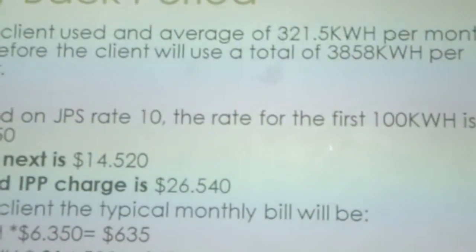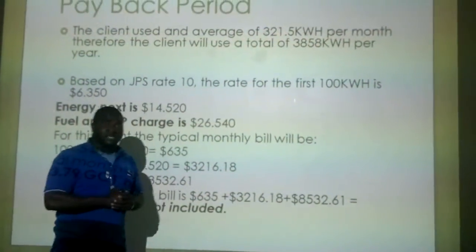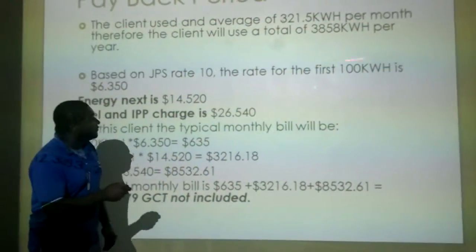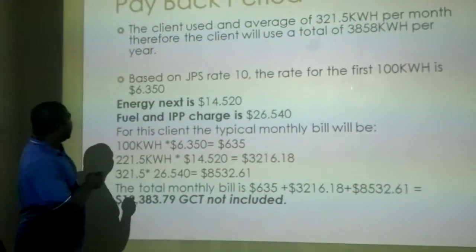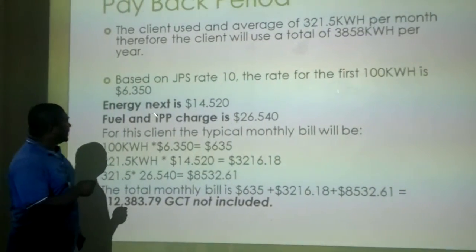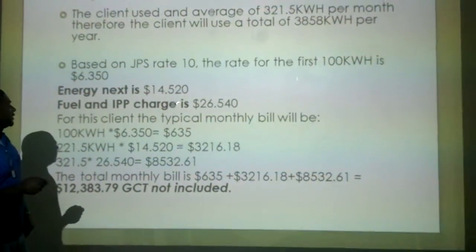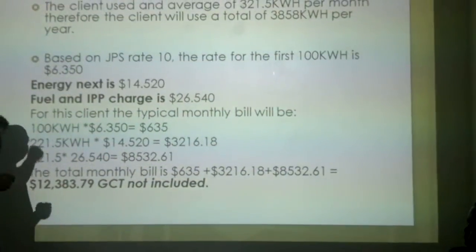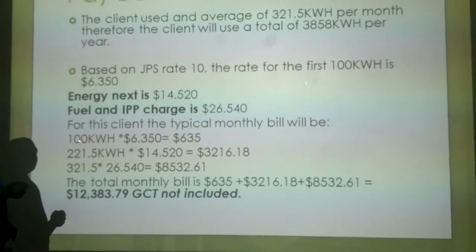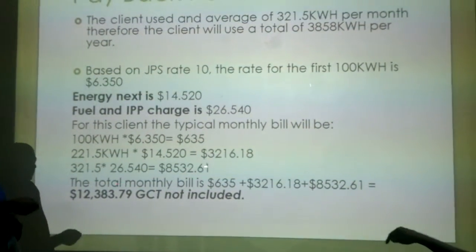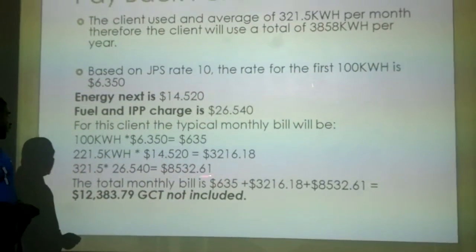We use our JPS rate 10, that is rate 10 for a residential house. At rate 10, for the first 100 kilowatt hours, it is $6.35. For the next energy it is $14.52. Our fuel and IPP charges are $26.54. So for this client, the typical monthly bill will calculate to be $8,532.61.